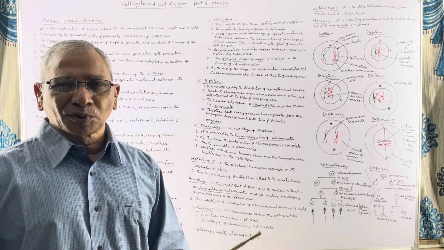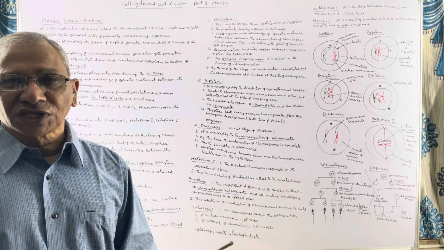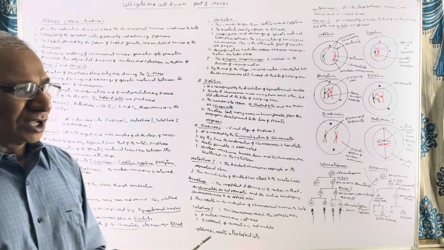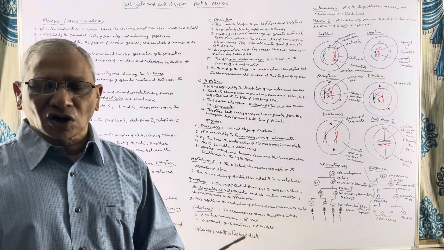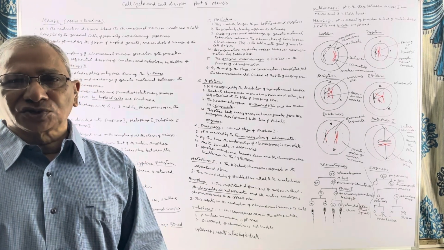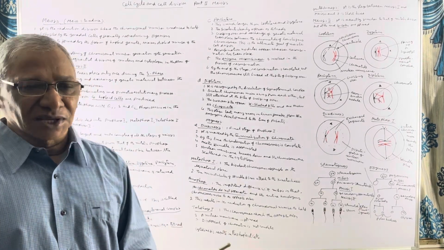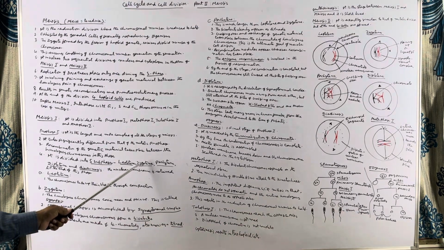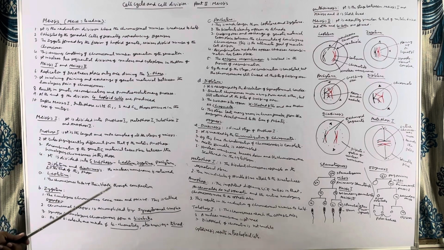First let us take up prophase 1, which is very, very important and crucial for genetic recombinations. The prophase 1 is also very long and it is subdivided into 5 phases, namely leptotene, zygotene, pachytene, diplotene and diakinesis.